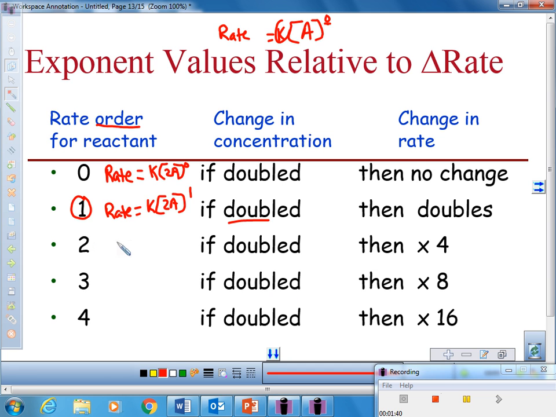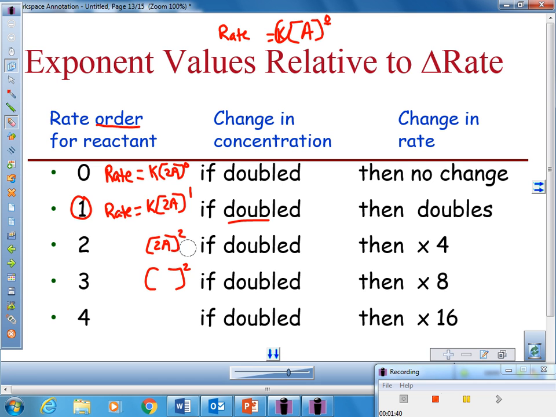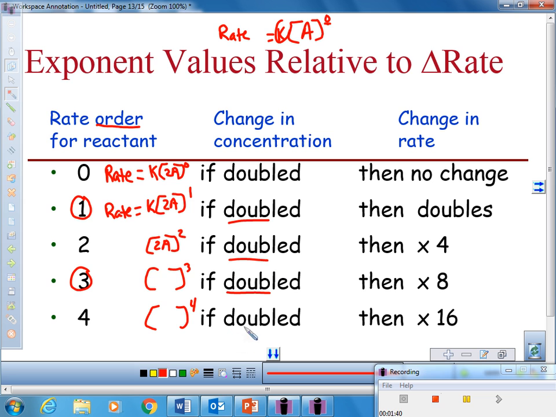If it's a second order, and we double the amount, the rate is going to change by 2 squared. So it's going to be 4 times. Oopsies. Should have put a 3 there. The order number goes out here, and what I'm doing to the experiment goes in here.